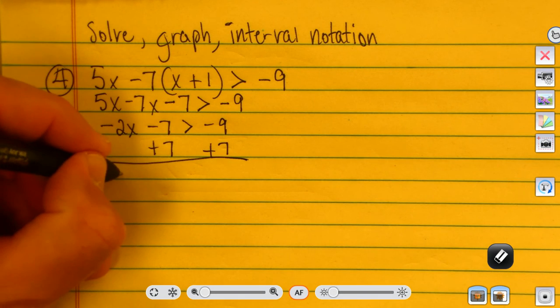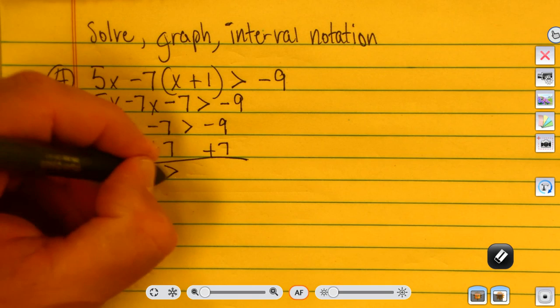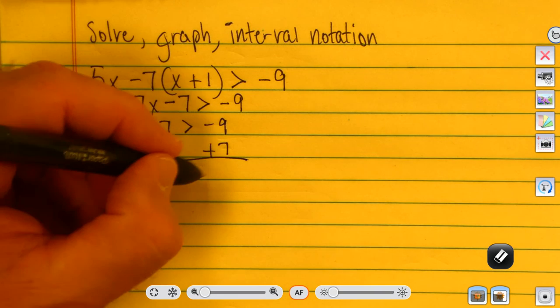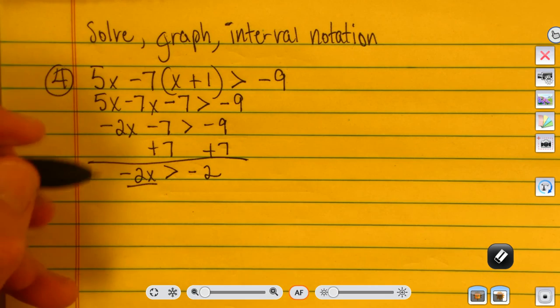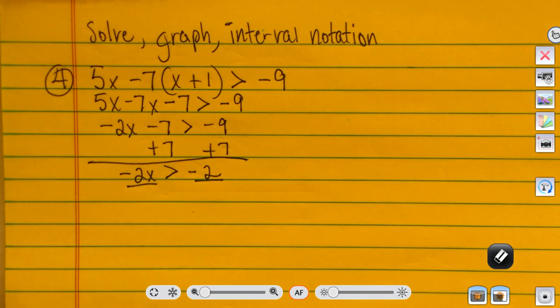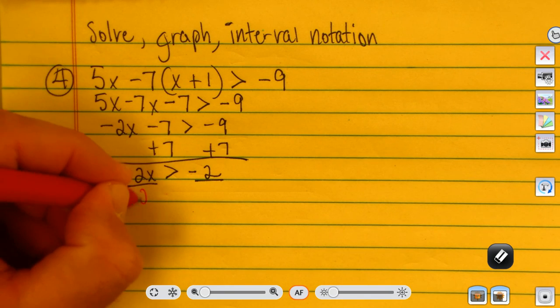I'll be left with negative 2x is greater than negative 9 plus 7, which is negative 2. What's my next step? Divide by 2. Divide by what kind of 2? Negative. Ooh, divide by negative 2.